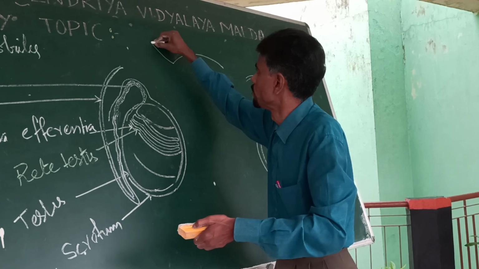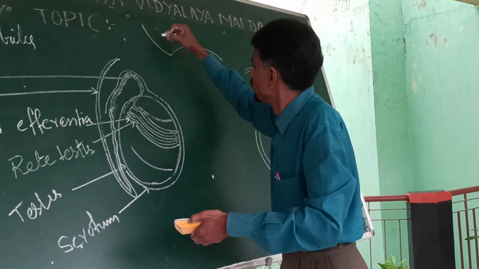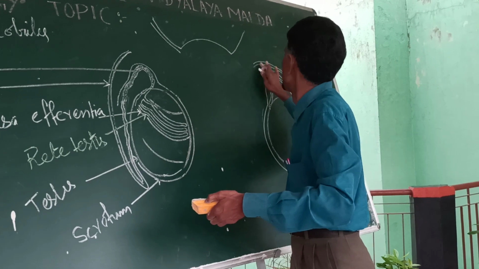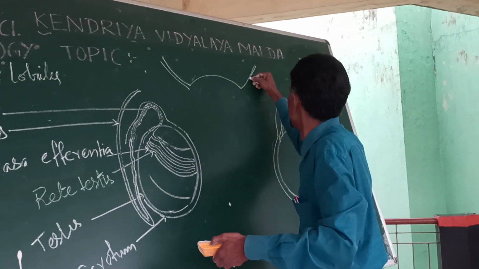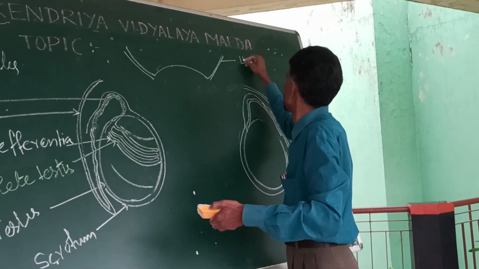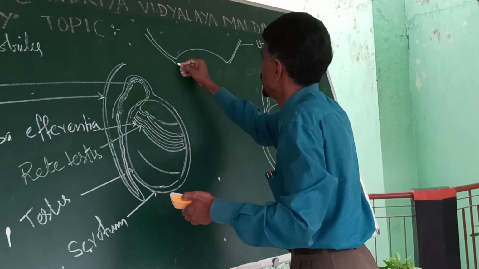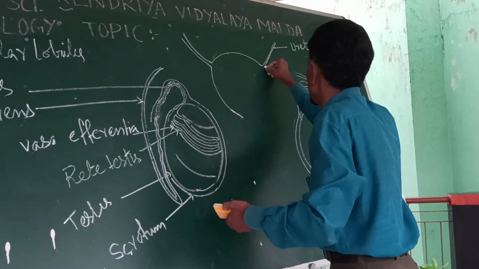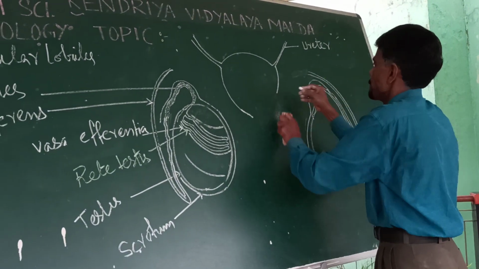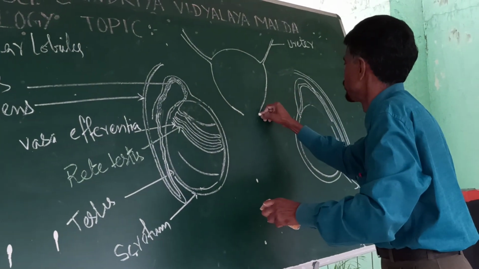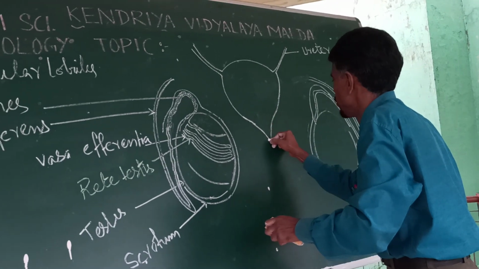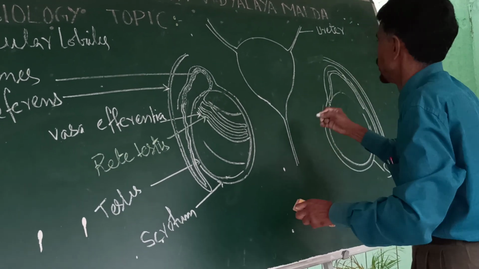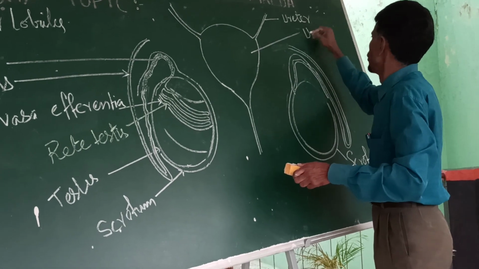The two ureters come from the kidney. This urinary bladder opens and releases its content to the urethra. This is the urinary bladder, UB.